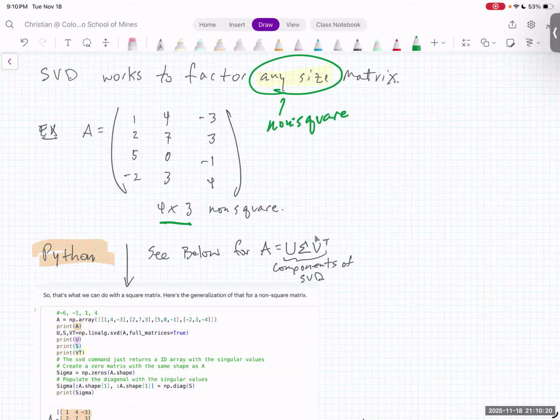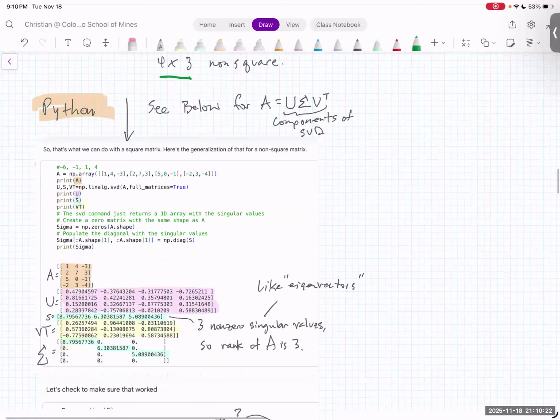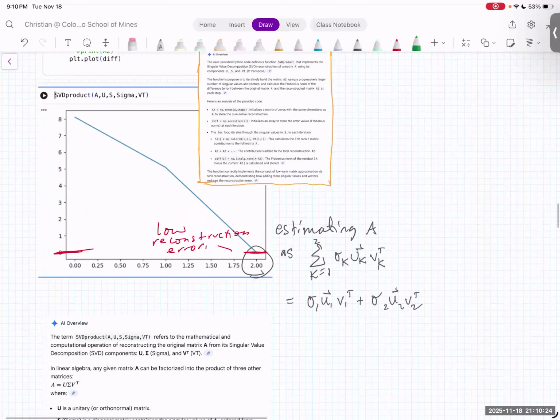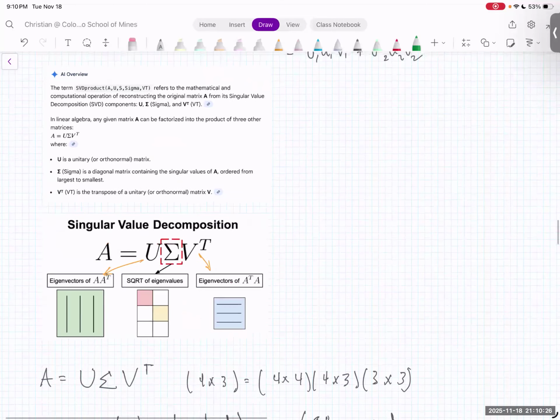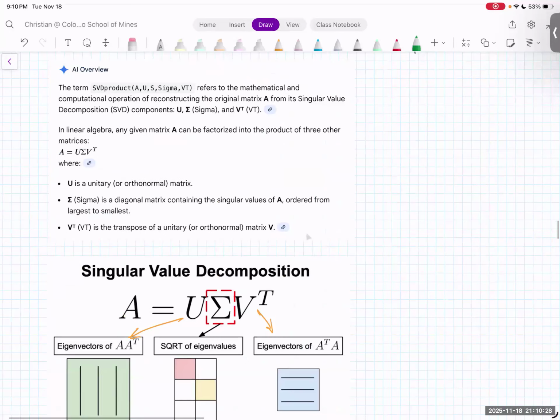And let's talk about what those are, and then we'll look at the code to do that. The components of the SVD product for matrix A are U, sigma, and V transpose. These are matrices. It's the singular value decomposition, SVD.